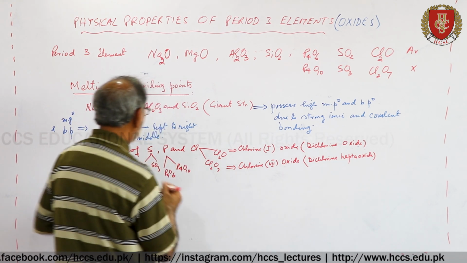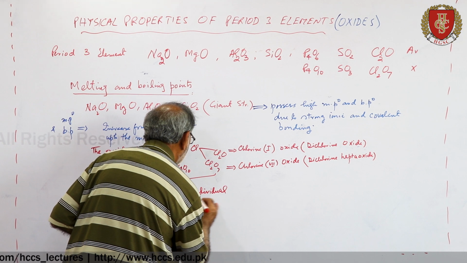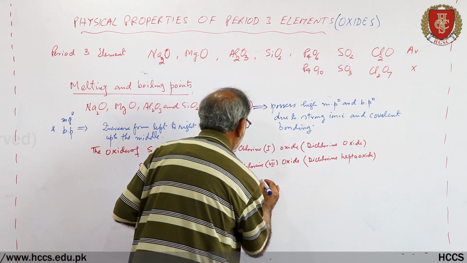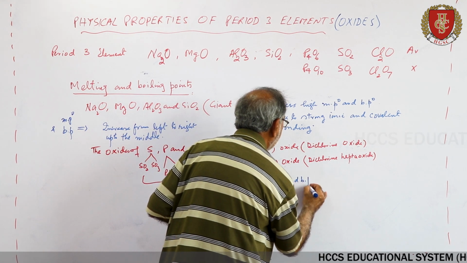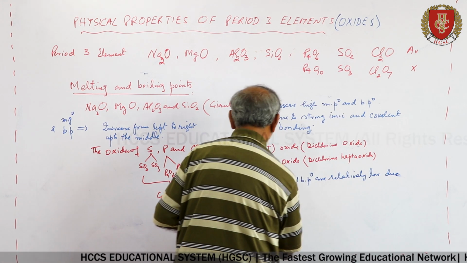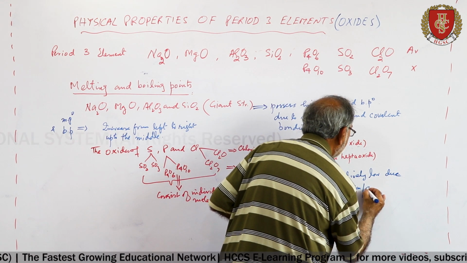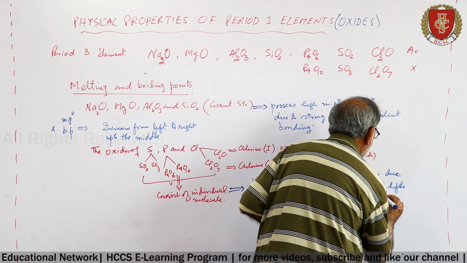Now all these oxides consist of individual molecules. Their melting and boiling points are relatively low due to weak van der Waals interactions and dipole forces.